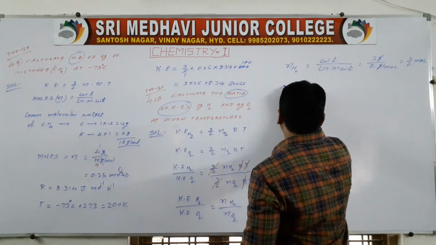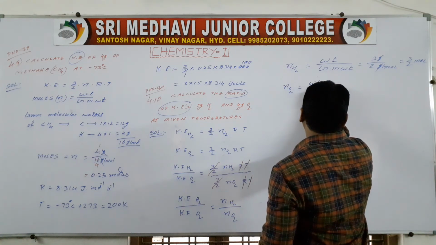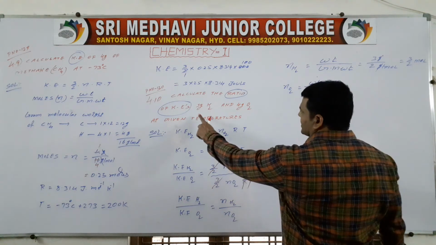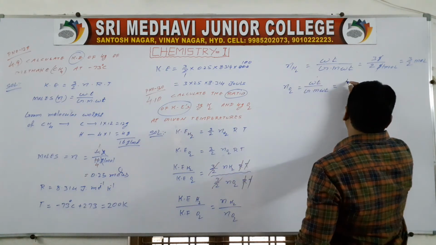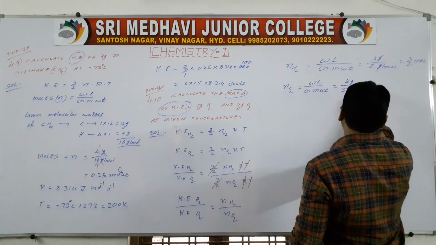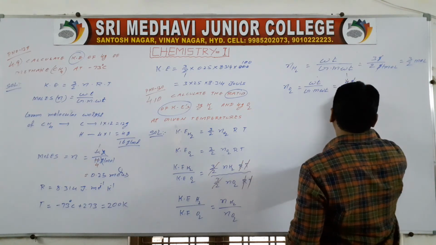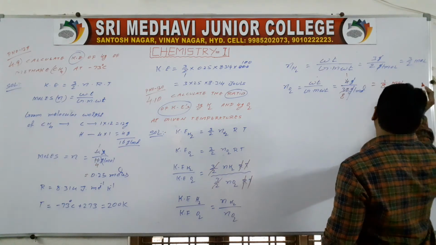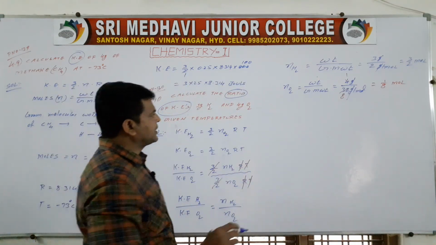Okay, then nO2 is equal to weight by gram molecular weight. Weight is 4 grams of oxygen, so 4 grams by 32 grams per mole. Grams cancel. 4 ones are 4, 4 eights are 32. Then it is 1/8 moles. Then substitute these values in this equation.